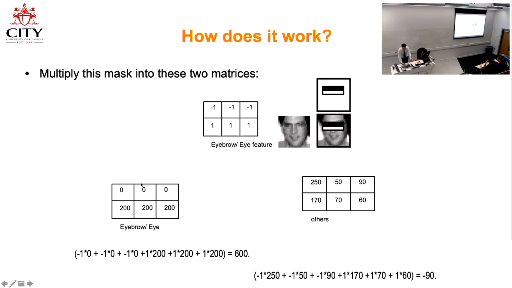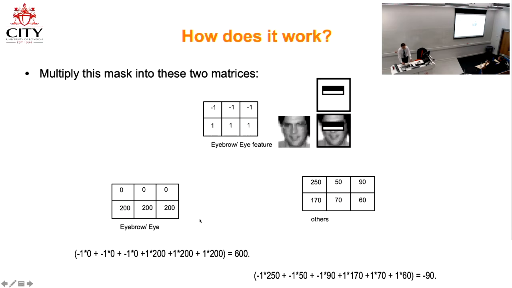But let's say I have the exact area of an eyebrow, an eye. So the eyebrow is black, just for simplification, dark, and under it, the eyelids are bright. So let's do the same multiplication. -1 times 0, plus -1 times 0, -1 times 0, plus 1 times 200, plus 1 times 200, plus 1 times 200, it's 600.